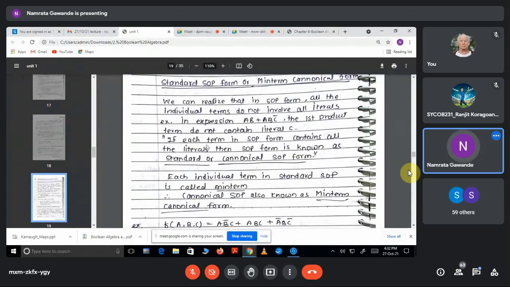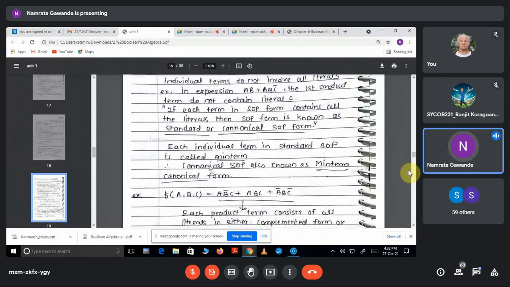Okay. Now here you can see this definition. If each term in the SOP form contains all the literals, then the SOP form is known as standard or canonical SOP form. Each individual term in the standard SOP is called a min term.